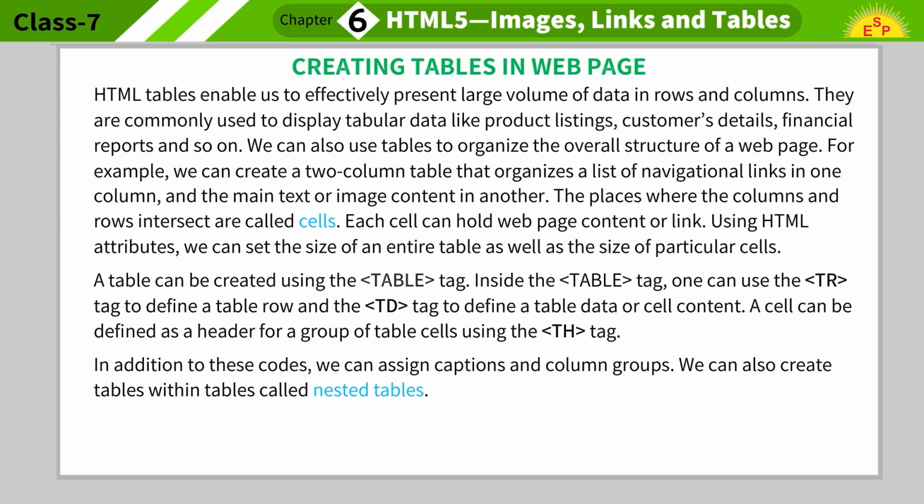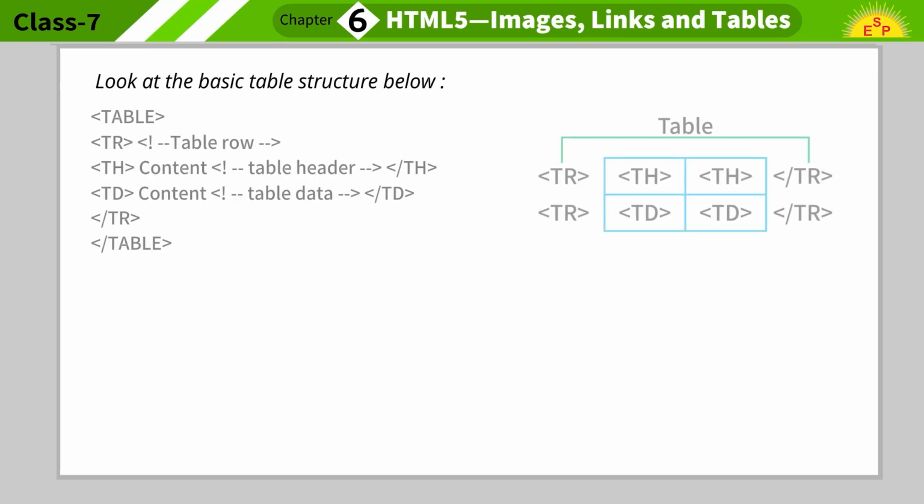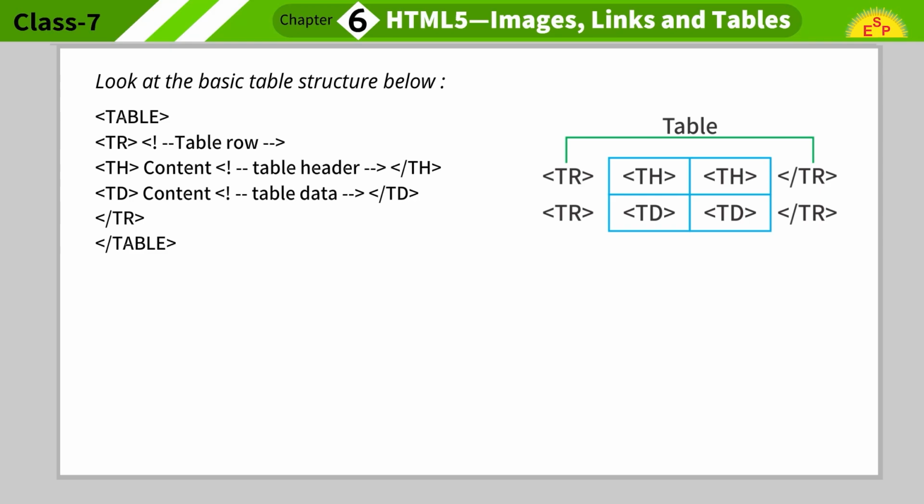A cell can be defined as a header for a group of table cells using the TH tag. In addition to these tags, we can assign captions and column groups. We can also create tables within tables, called nested tables. Look at the basic table structure below.